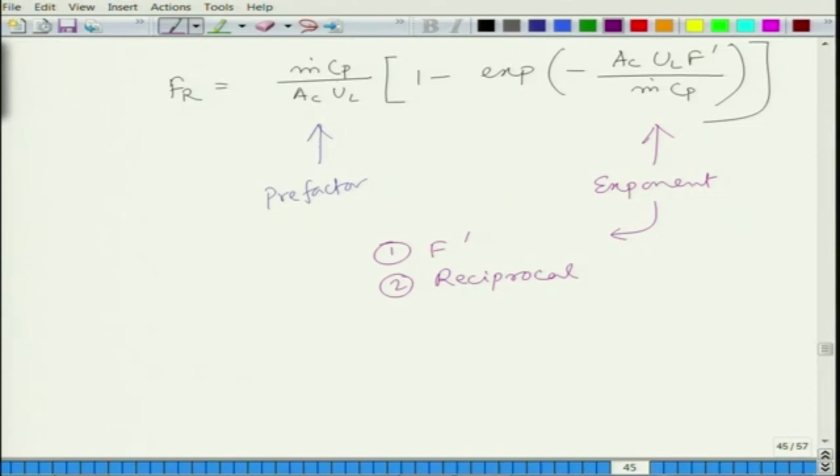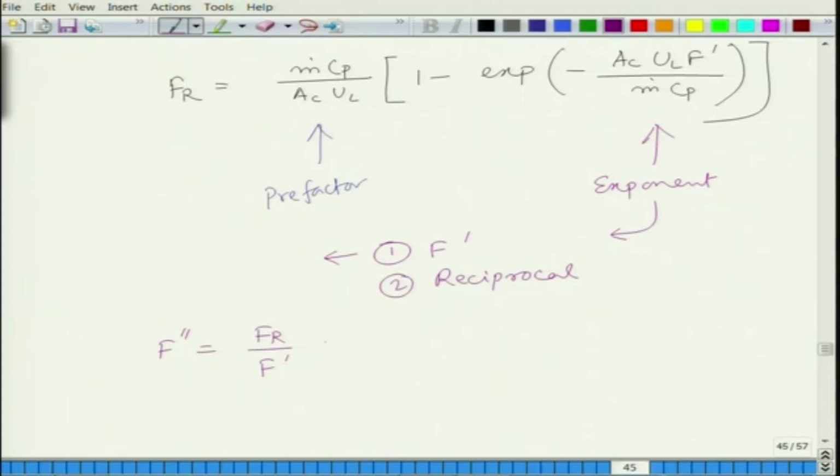So, what we can do is include that F prime and derive another factor, F double prime, to be F_R divided by F prime.